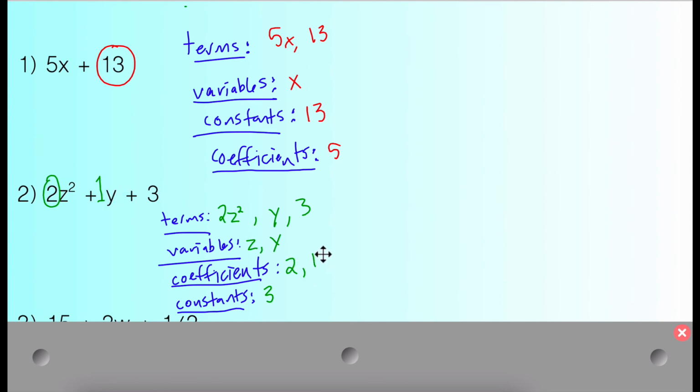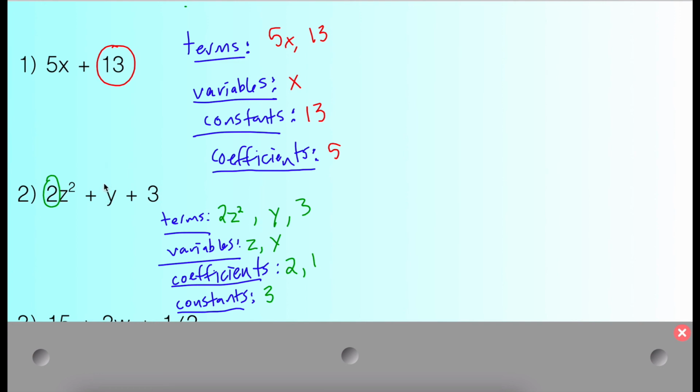And that might seem a little pointless right now. You might be thinking, well, who cares? Why does that matter? It comes into play in a big way in a lesson or two, and you will see how this impacts the terms. But for now, just make sure that you file that away, that every variable has a coefficient, and if it's got nothing in front of it, nothing that you see at least, its coefficient is just a 1.